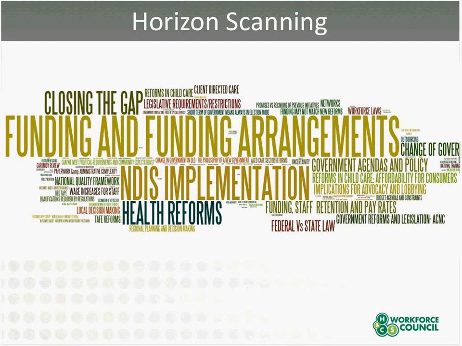Things like the National Quality Framework for Children's Services or the Human Services Quality Framework for community services will have an impact on how we report against funding and what we're expected to deliver when we are funded by government organisations. So looking at those political elements is really important.